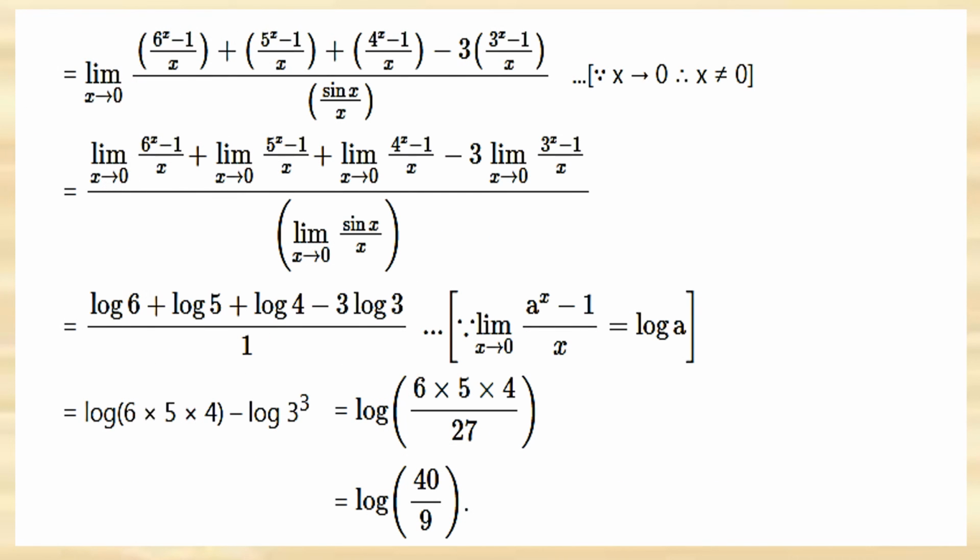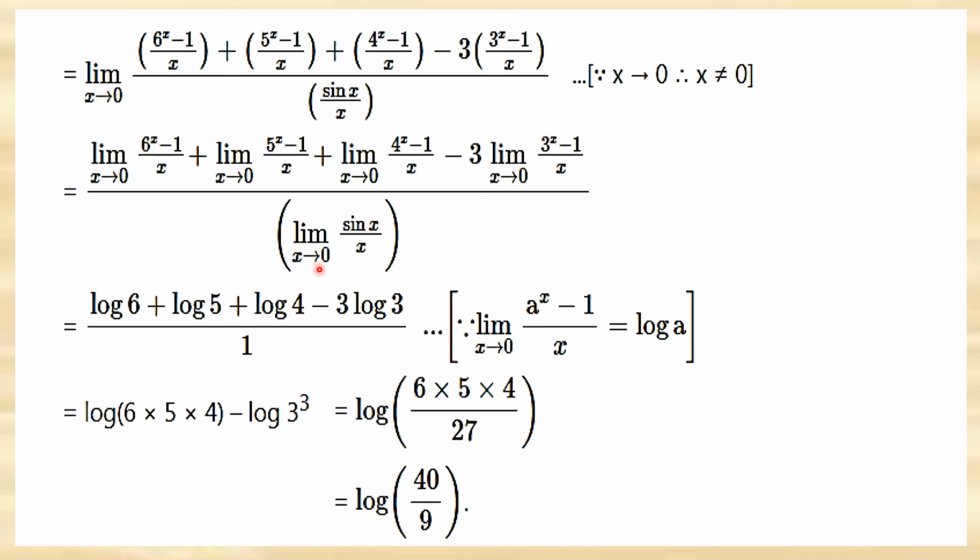Now we will apply the limits for each term in the numerator and denominator. So limit x tends to 0, 6 raised to x minus 1 upon x plus limit x tends to 0, 5 raised to x minus 1 upon x plus limit x tends to 0, 4 raised to x minus 1 upon x minus 3 into, 3 is constant, so taken out of the limit, minus 3 into limit x tends to 0, 3 raised to x minus 1 by x.